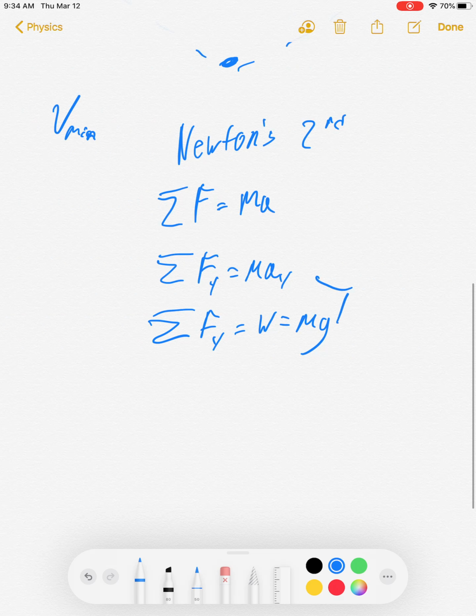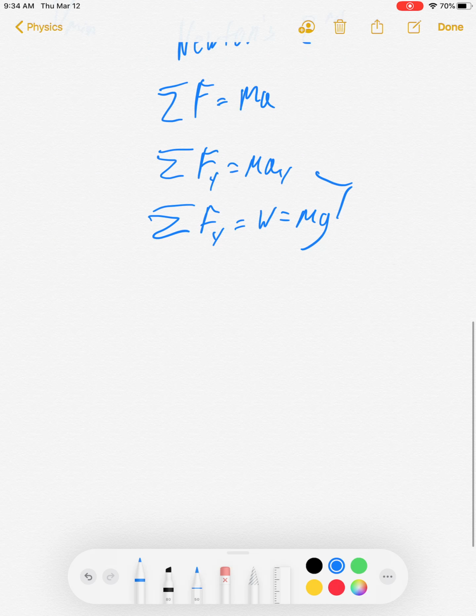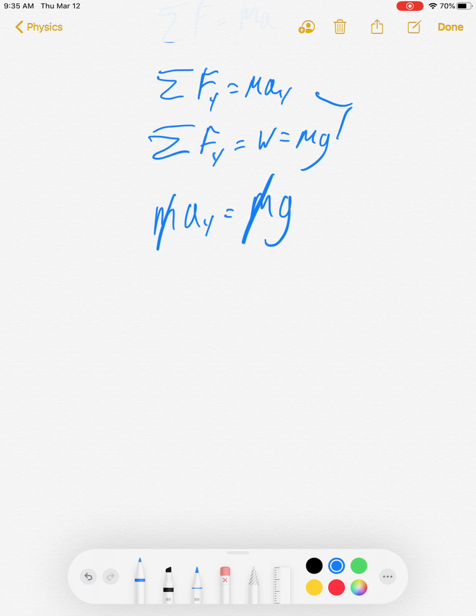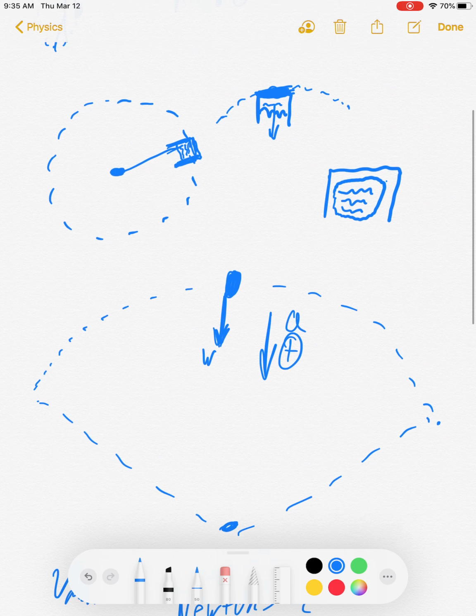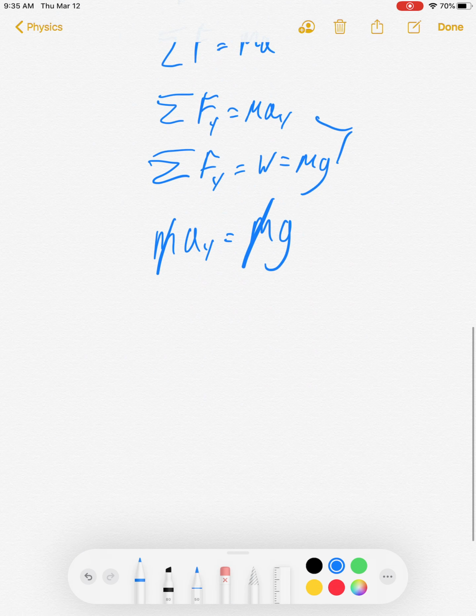So if we set these two equations equal to each other, we have m a_y is equal to mg. We can cross off the m's. And we also know that this is circular motion. And so if you recall, we had an equation for circular motion that a is equal to v squared divided by r.